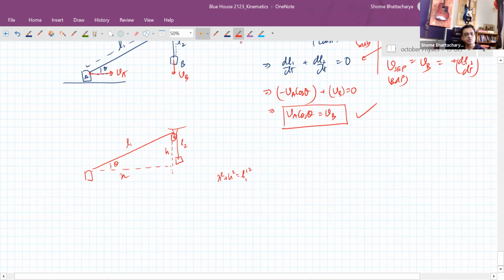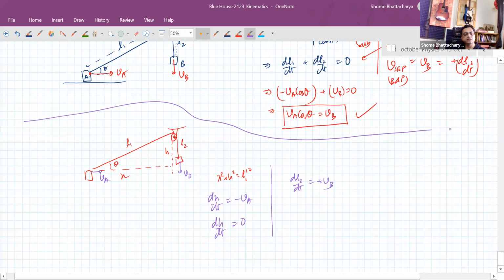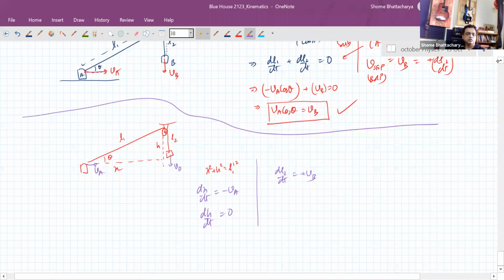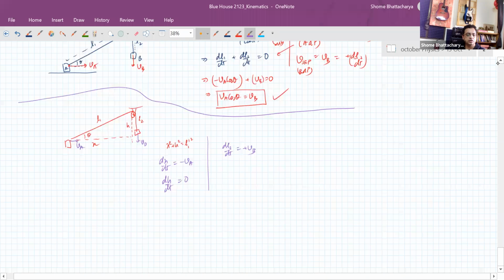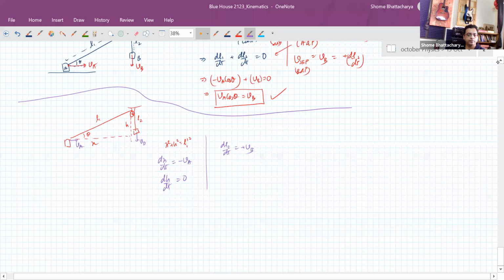And then in this diagram, if this is moving at VA like this, dx by dt is equal to minus VA, and H is a fixed length, so that is 0. And dL2 by dt on the other side is equal to plus VB. So then you would use calculus and all that. But this method is unnecessary now. Once you know this approach and separation velocity concept, you can directly apply that in a situation like this and solve it in one line basically.